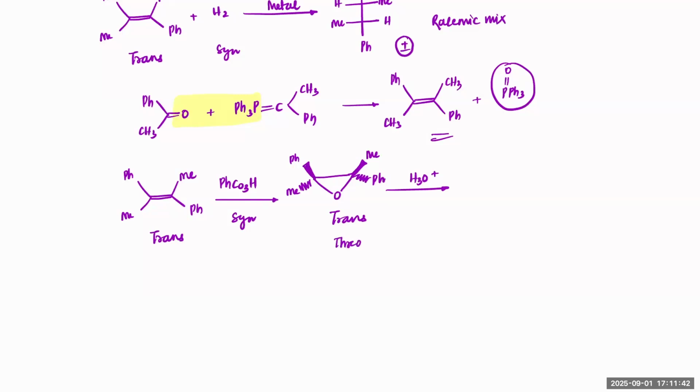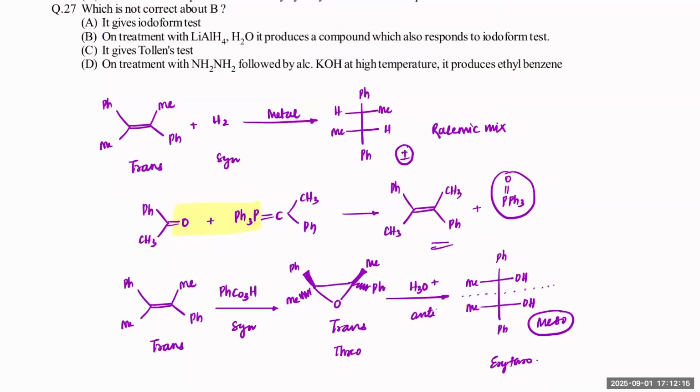So on the trans form, hydrolysis is an anti-addition. So if I make an anti-addition, what should I get? I should get erythro, isn't it? So if I get erythro here like this, we should have Ph and Ph, methyl and methyl. Then we have OH and OH on the same side. So what are we getting here? Because there is a plane of symmetry, the product we got is meso. So this is an erythro whose property is meso form. Clear?